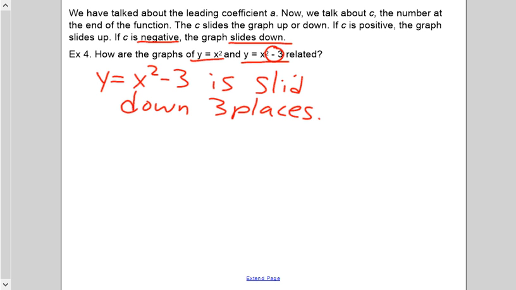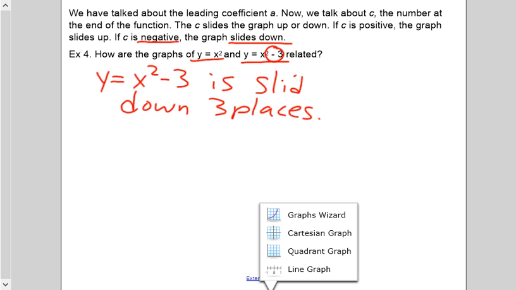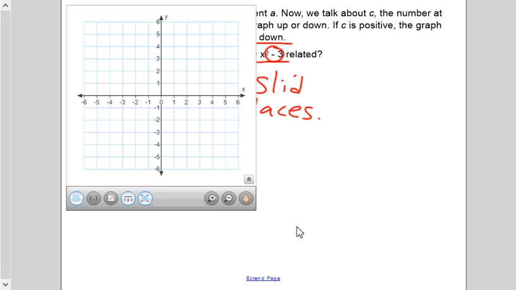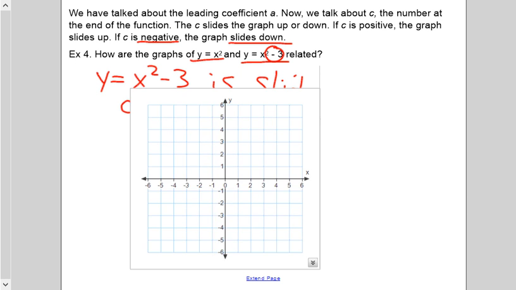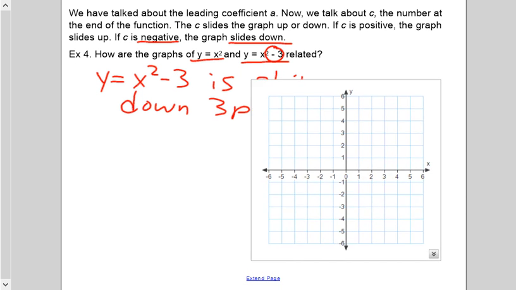If I graph both of those real quick just to show you what the difference would be. Put a graph up there. Move it out of the way.